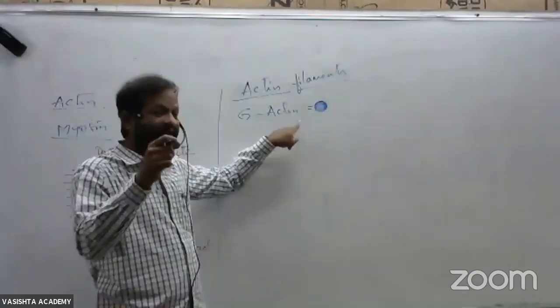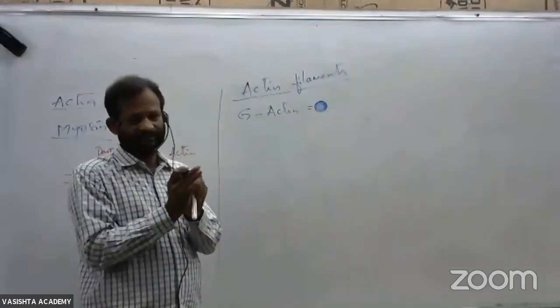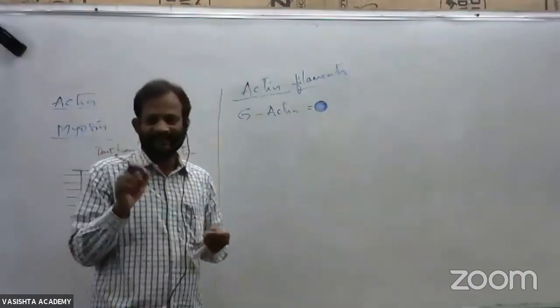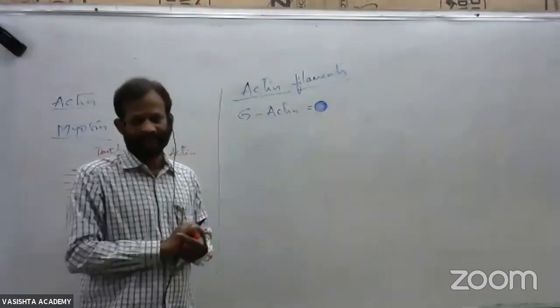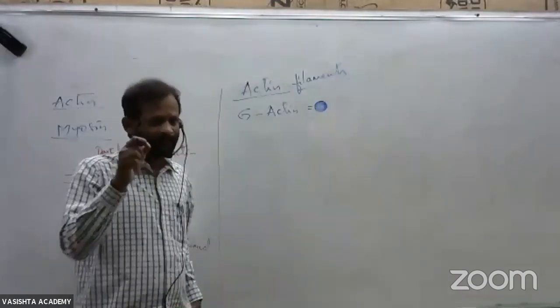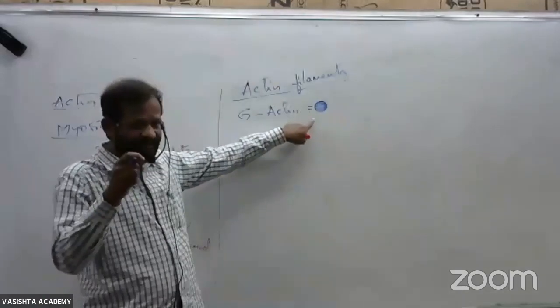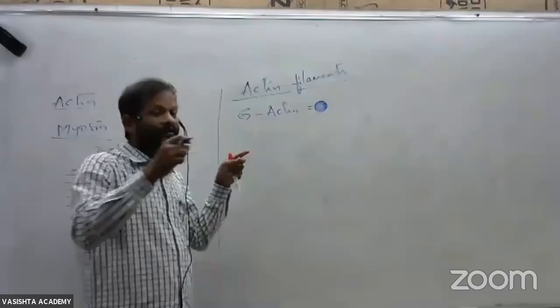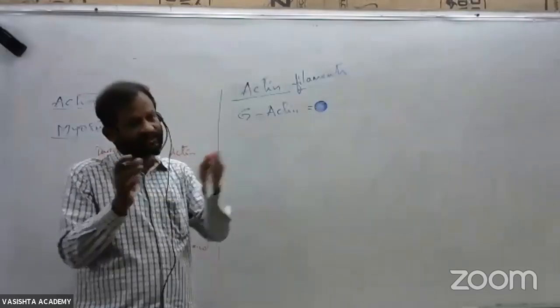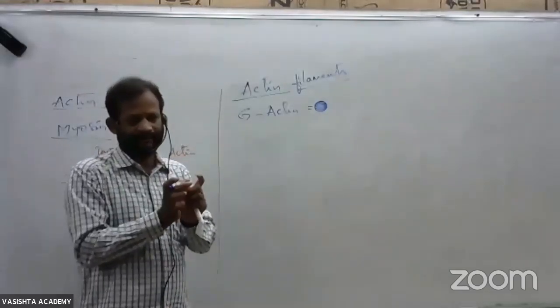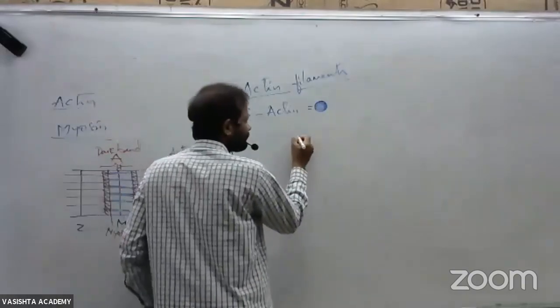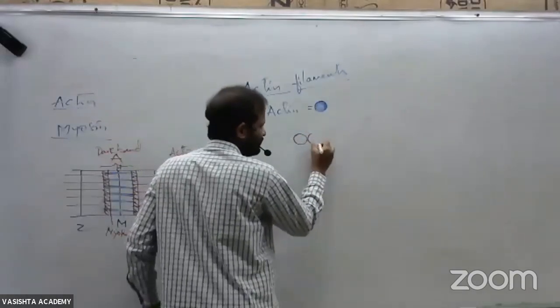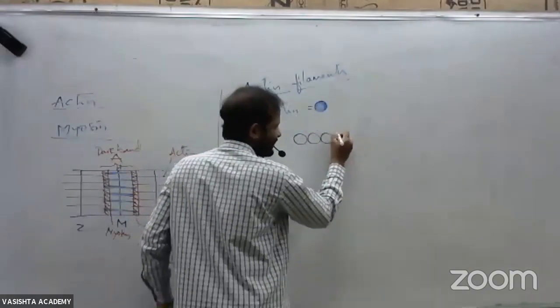That type of G-actins will gather, will attach in the presence of magnesium ions. So with the help of magnesium, one G-actin, second G-actin, third G-actin, like this, so many G-actins will attach with each other. I will show that also. This is one G-actin, this is one G-actin, this is another.